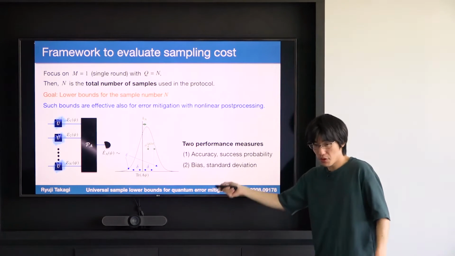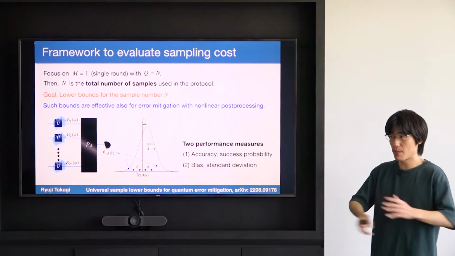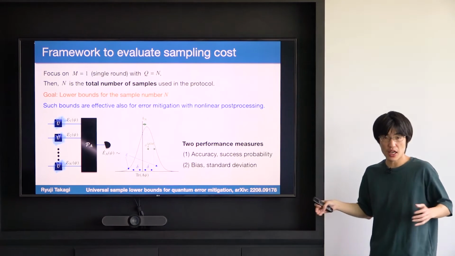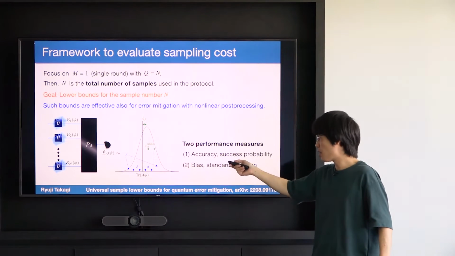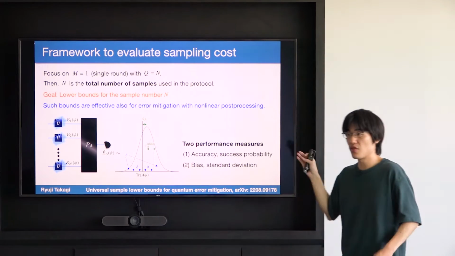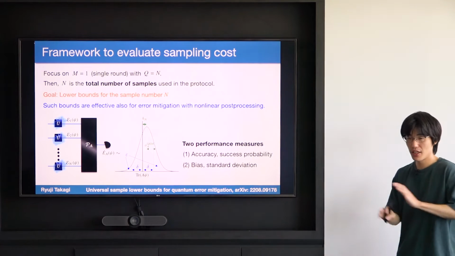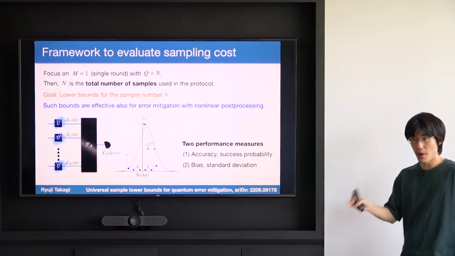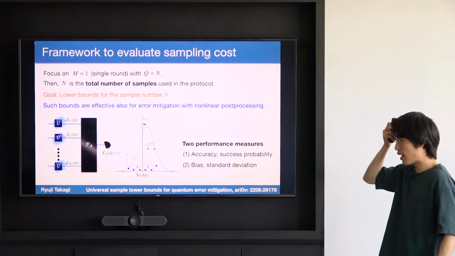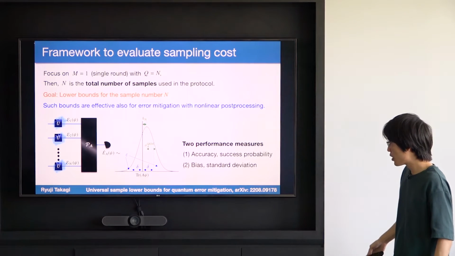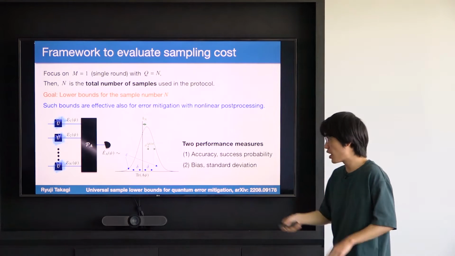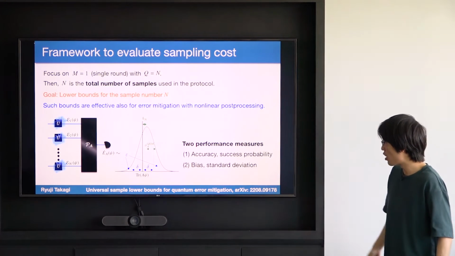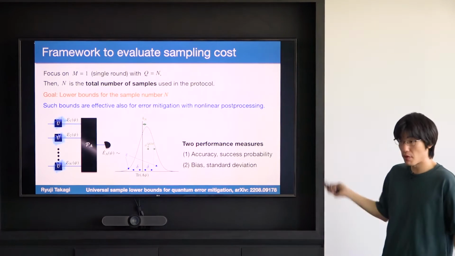But we are not going to use the maximum spread in this case because maximum spread is a very crude measure of error. Instead, we're going to look at the standard deviation. Standard deviation gives you a much better sense of error that happens in this error mitigation. So that also takes into account the case that we showed in the previous slide. So these two are possible performance measures.